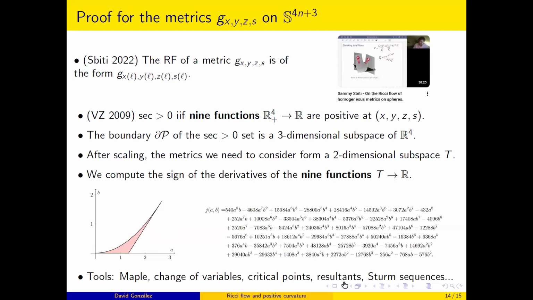We use tools like resultants, Sturm sequences, and after a lot of computations and checking a lot of things, we are now convinced that indeed positive curvature is preserved along the flow also in this 4-parameter family of metrics on spheres.